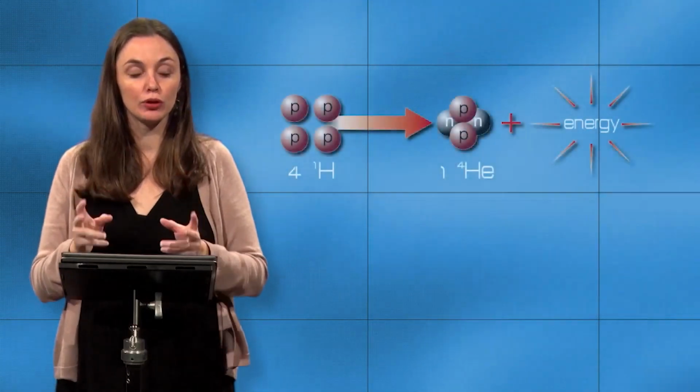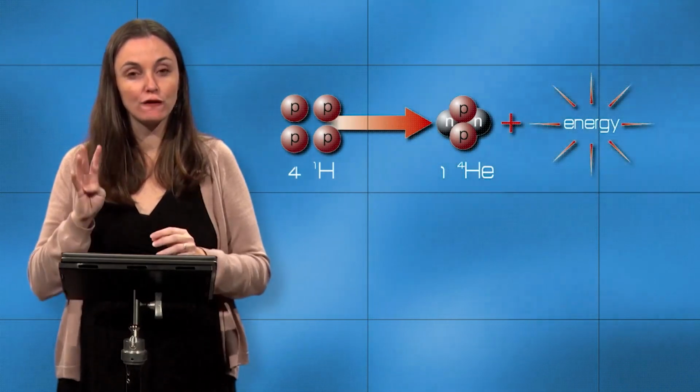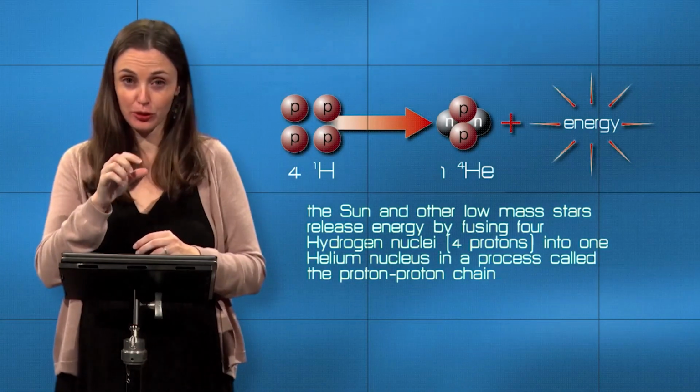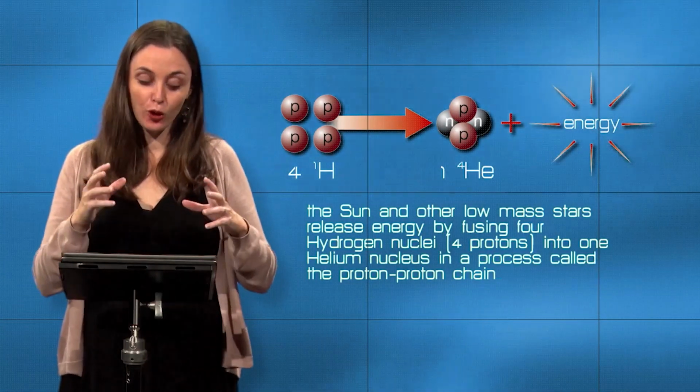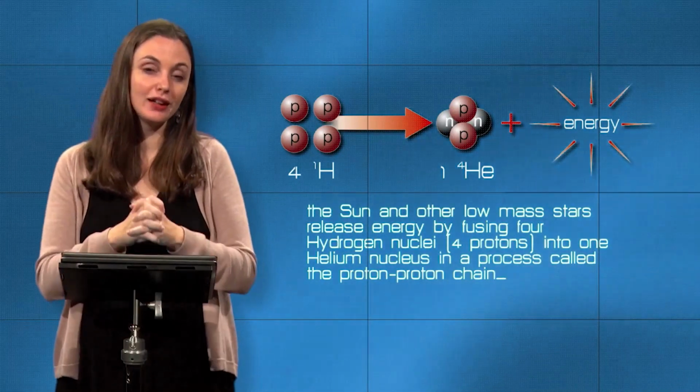The way that low mass stars go about converting hydrogen into helium is through a process called the proton-proton chain. In this process, it actually takes 4 hydrogen atoms, and all those hydrogen atoms are really just a single proton. It takes 4 of those to come together to make the equivalent of 1 helium nucleus.